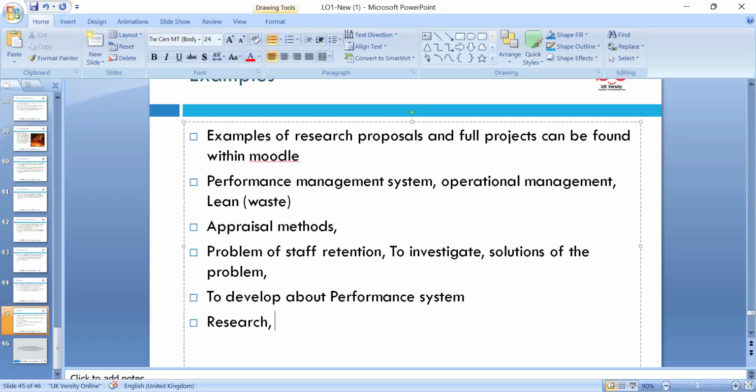You want to develop understanding, or you want to investigate the opportunity of the business. So not just one area, it can go across all areas. But why we do research is to solve the problem, to develop understanding, or to launch something new.